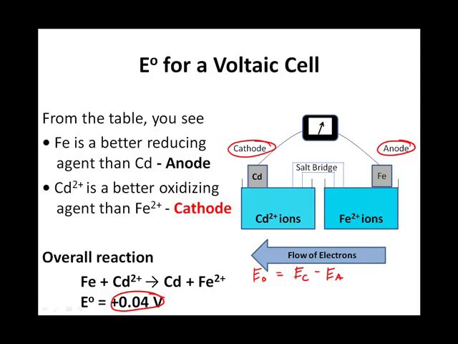And again, the flow of electrons always goes from anode to cathode. But our cations always flow from anode to cathode as well. Okay, so they're always attracted to the cathode.